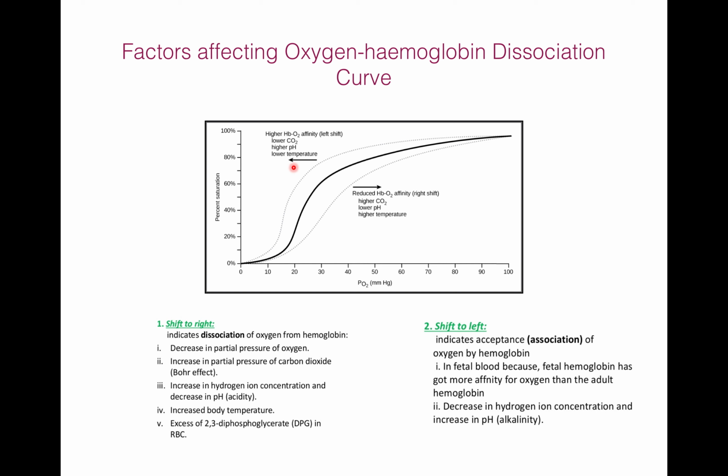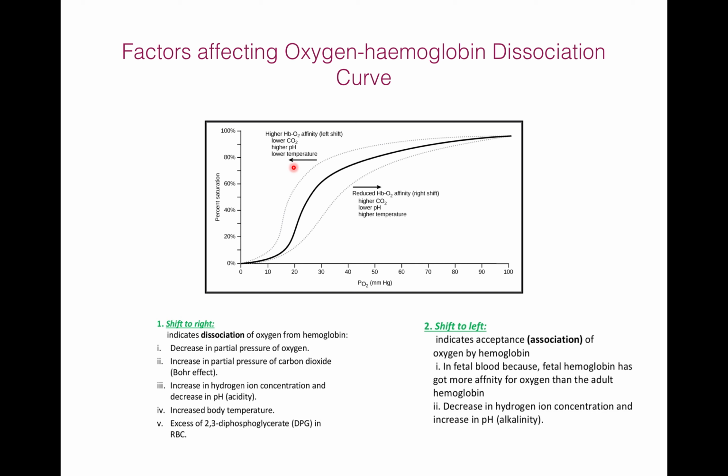Now I want to add one more thing, just to remind you that each hemoglobin can carry 4 oxygen. So 1 RBC contains 250 million hemoglobin molecules, so it can carry 1 billion oxygen.